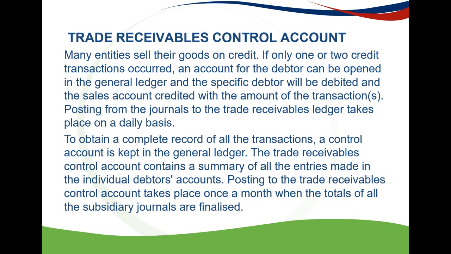The reason for the daily posting is to get the details in the trade receivables ledger, where you need to have every transaction that occurred during the month on a daily basis with a specific debtor. But at the end of the month, your total transactions coming from your subsidiary journals will only then be posted to the trade receivables control account.